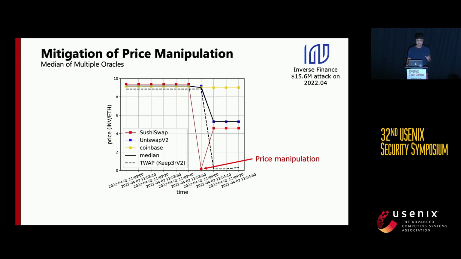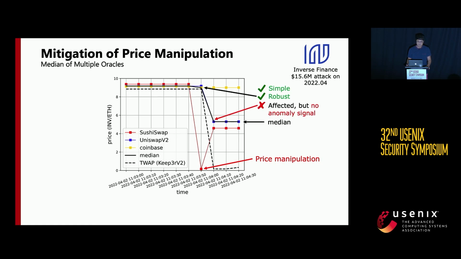One traditional mitigation of this price manipulation is the median of multiple oracles. Here I visualize the median value of the three prices in a solid black line. As we know, implementing the median is simple, so it is quite Ethereum friendly, and it is robust under the price manipulation. Its value is not affected.